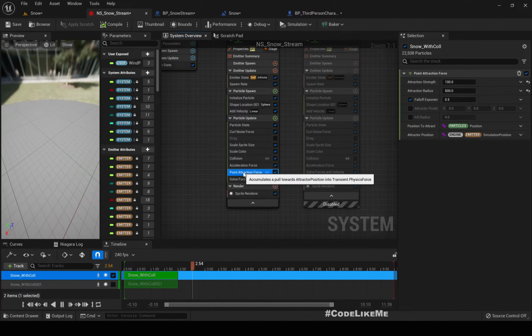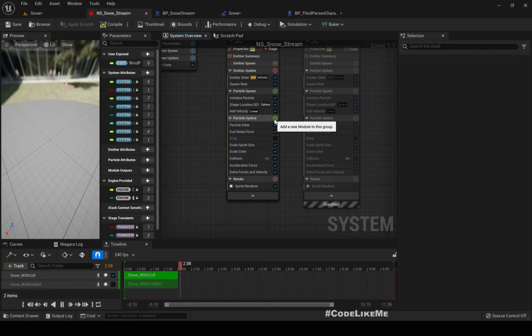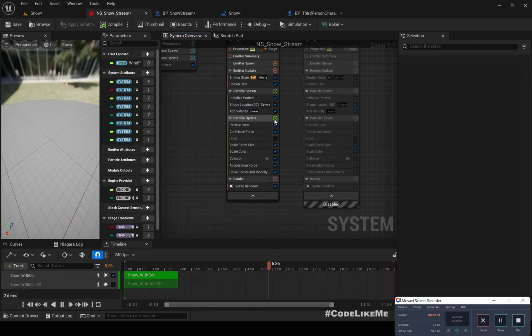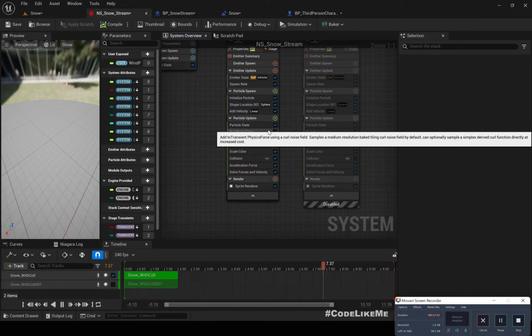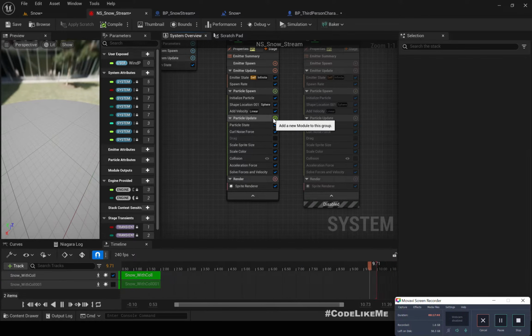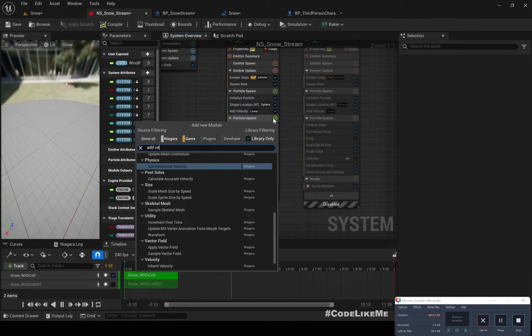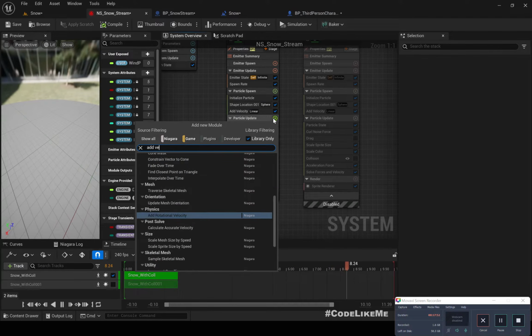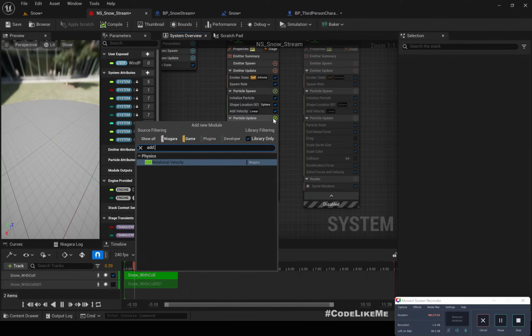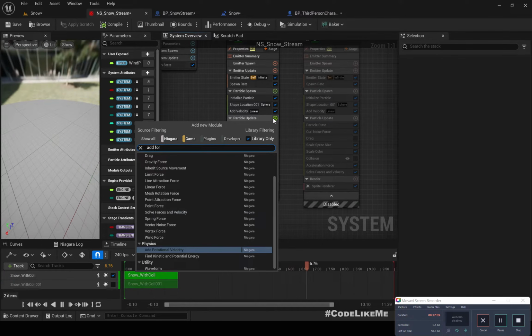So let's get rid of that and let's try adding acceleration force. Oh, velocity. Add force.